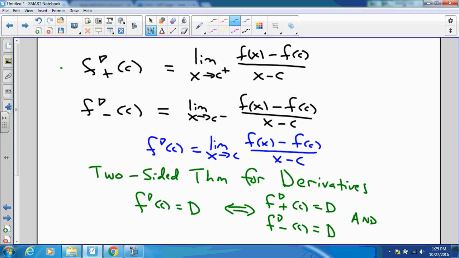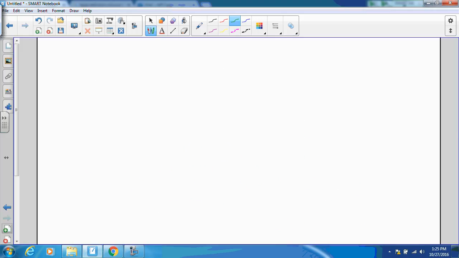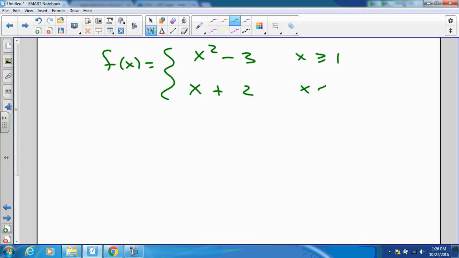Okay. Now we used these sided derivatives in a couple of different ways. First of all, we used these sided derivatives to find the derivatives of piecewise defined functions at their joints. Because if I have a piecewise defined function, such as f of x is equal to, oh, I don't know, x squared minus 3 for x is greater than or equal to 1, and x plus 2 for x is less than 1, something like this, then for x is greater than 1, f is a polynomial, and I can use derivative rules on it.